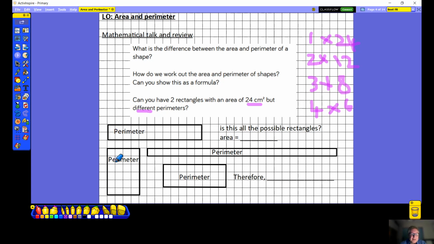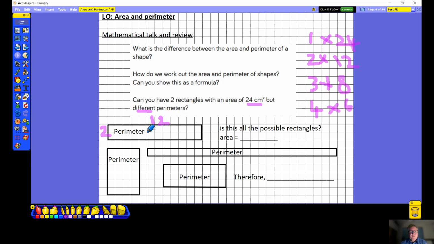So hopefully if I've got this right, and I would advise you to check, if you count the squares, each one has 24 squares. Now, if we label that side and that side, so 2 times 12, we could work it out mathematically.